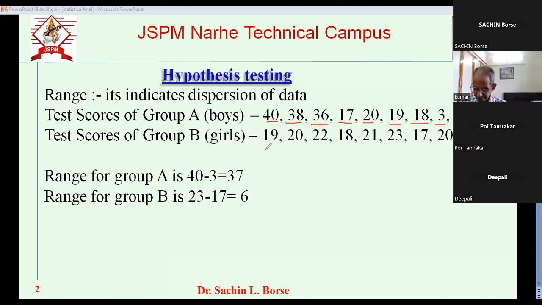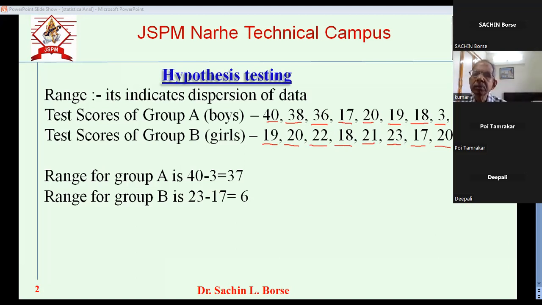Now we'll calculate for the girls. So go on adding 19, 20, 22, 18, 21, 23, 17, 20, 22, 18. Now divide by the number of readings, which is the same, 10.